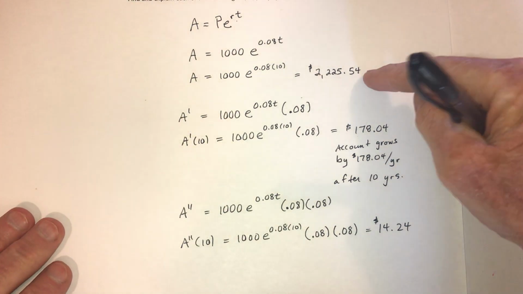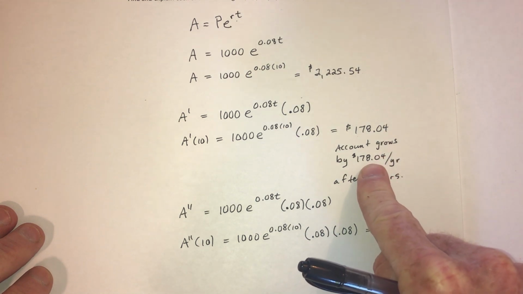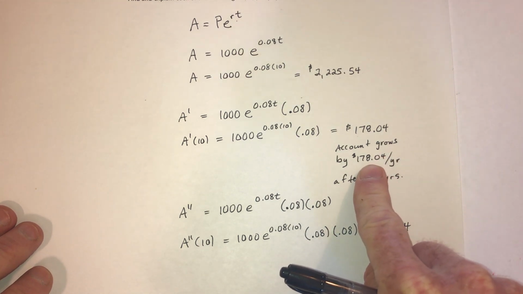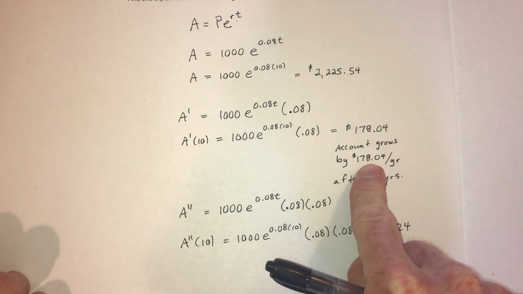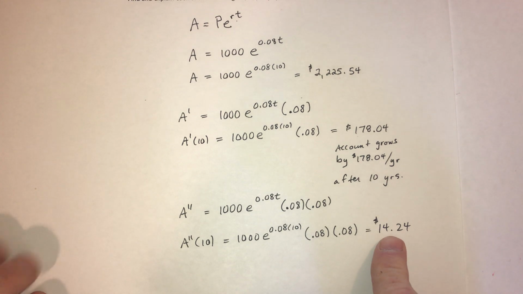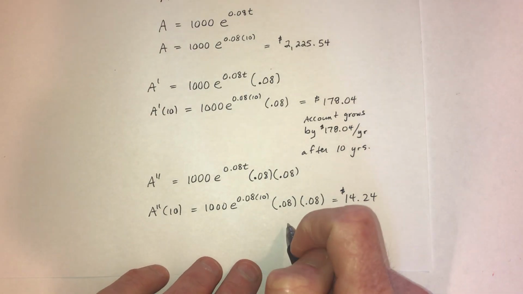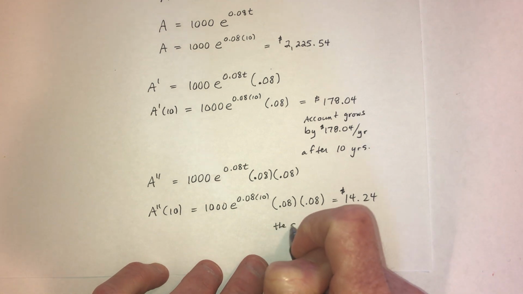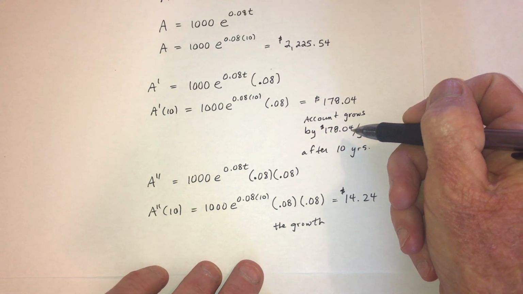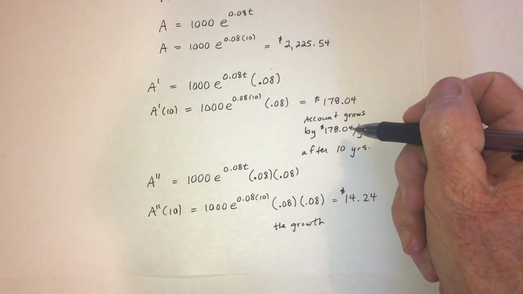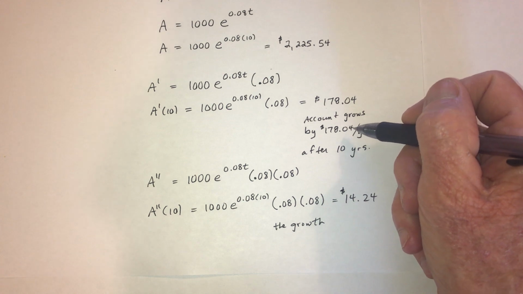So this is how much the account is worth after 10 years. This is how fast it's growing after 10 years. And it's going to be growing by even more the next year and even more the next year. And then this is telling you how fast it's accelerating. So this growth rate right here, that you're getting an extra $178.04, that growth rate itself is going to be even bigger the next year and even bigger the next year.